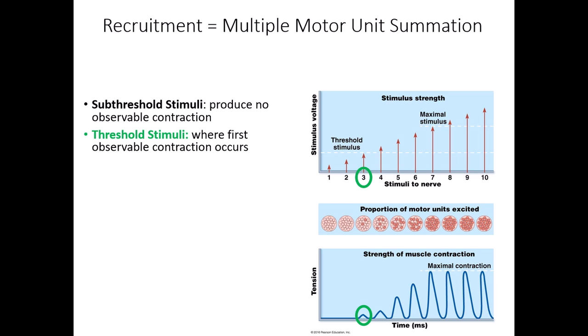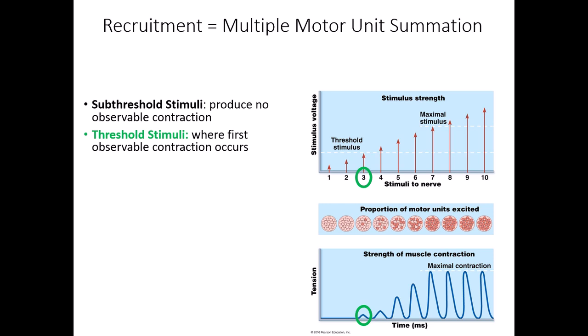But then stimulus 3, which is greater than 1 and 2, begins to show us a little bit of that muscle twitch on the myogram. So we do see a visible peak, and I've put it in a green circle on that bottom myogram. And in the middle picture, we see 2 of the many motor units have been recruited. That means they've sort of been called into action.